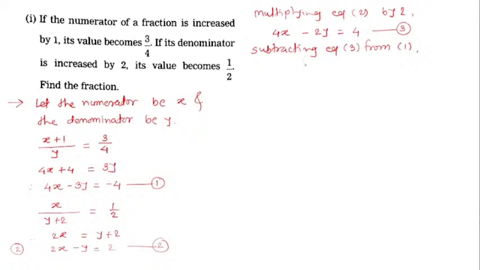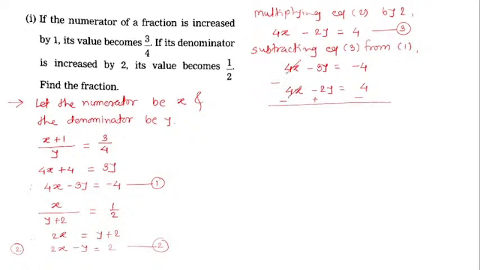The first equation is 4x minus 3y is equal to minus 4, minus the third equation, 4x minus 2y is equal to 4. Now as we are subtracting we have to change the sign of each term in the second equation. So plus 4x will become minus 4x, minus 2y will be plus 2y, and plus 4 will become minus 4.